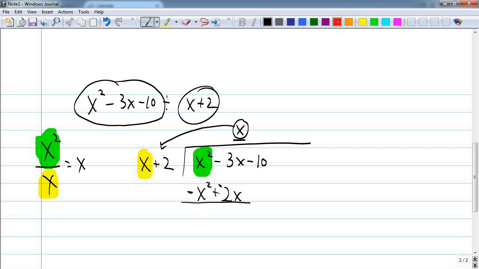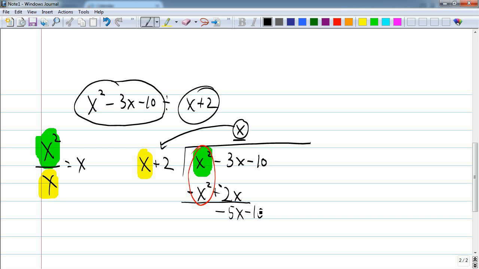These two terms should always zero out. Always, always, always. Negative 3x plus negative 2x is negative 5x. And then I drop down the next term in my dividend.